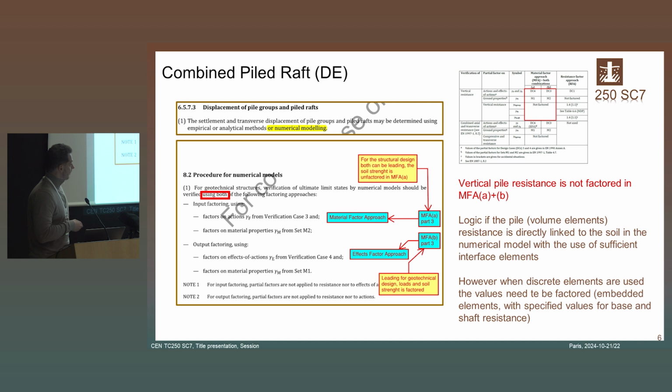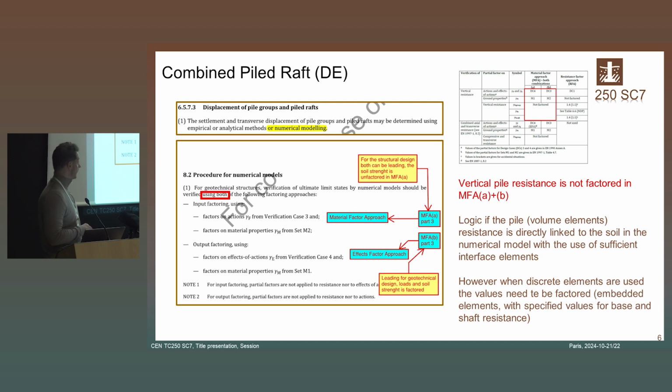But if you would use a model of embedded elements, you could argue that you also have to factor those. But as I'm saying, that is not covered in the Eurocode now.